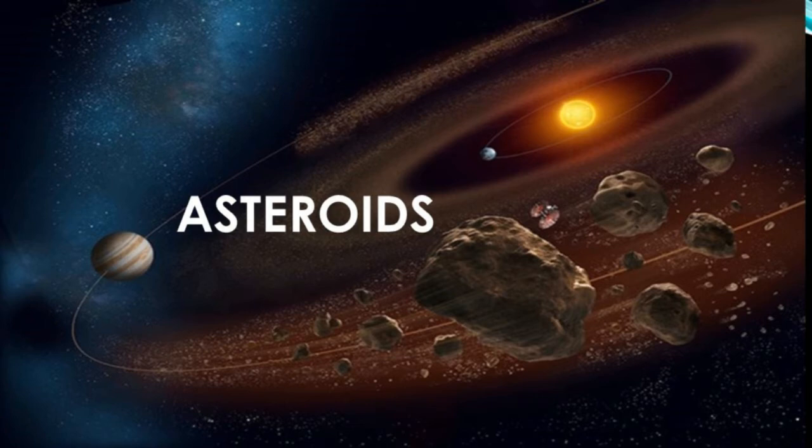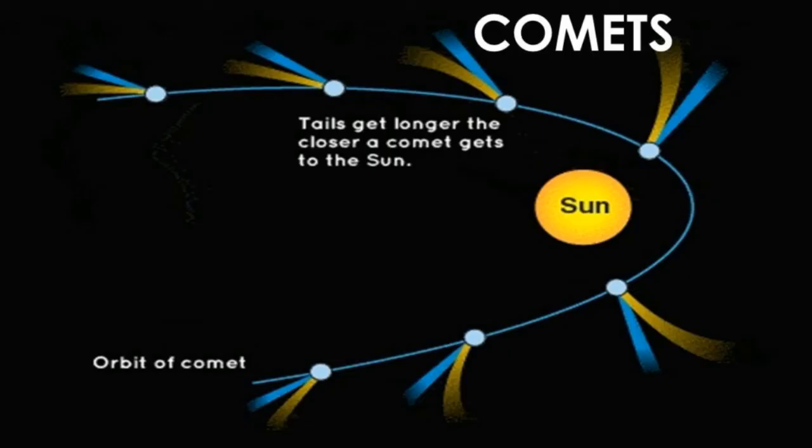These are called asteroids. The biggest asteroid is Ceres, 946 km across. Every 50 million years, the Earth is hit by an asteroid nearing 10 km across. Asteroids can only be seen through large telescopes.